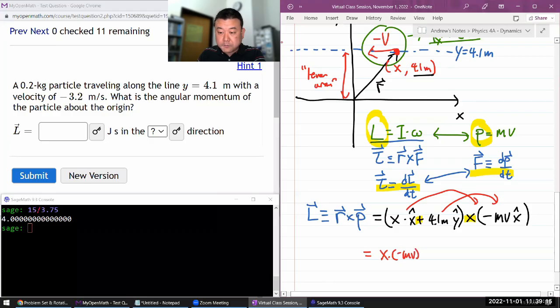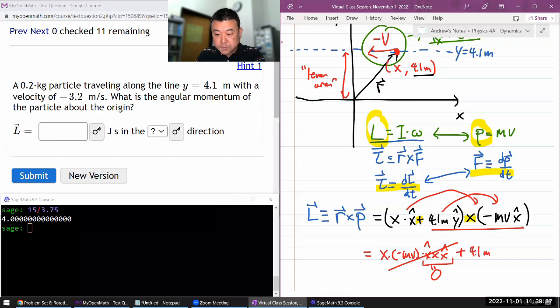And then for the vector portion, I can do x hat cross product with the x hat. That's going to be 0 because they're parallel. Theta is 0, so it's going to vanish. So I'm left with the second term, 4.1 meter times minus mv. I'll plug in those numbers later.